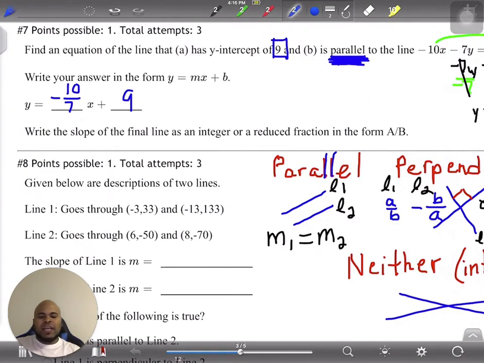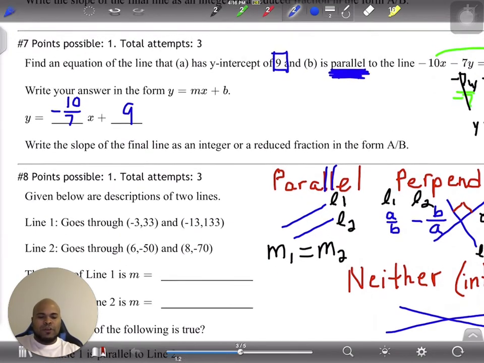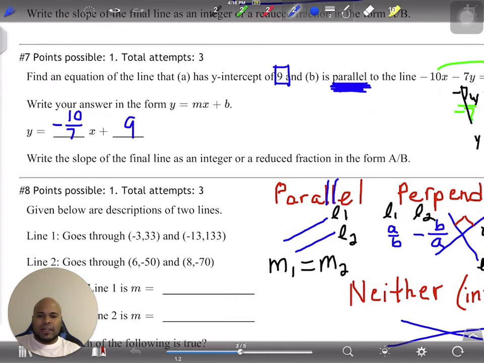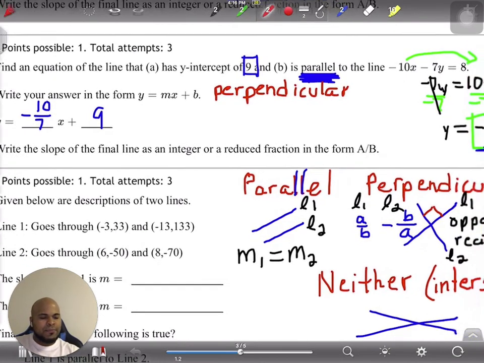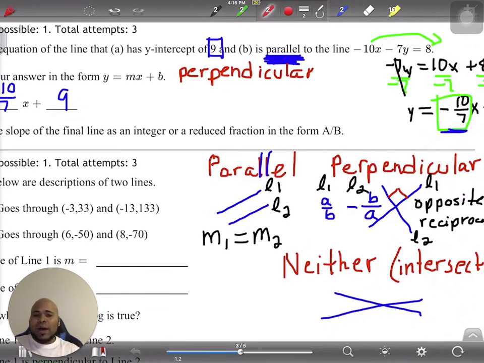Now, I want to change the question because you may get the question of write a line that is parallel, but you may also get the question, write a line that is perpendicular. So what if the problem says perpendicular and not parallel? Well, I need the y-intercept, right?